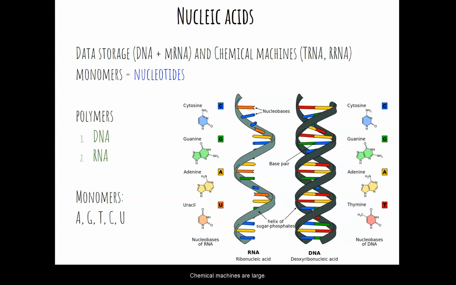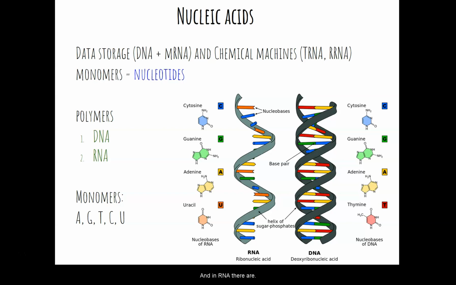The chemical machines are large strands of nucleic acids that have functions for the making of proteins. We've got tRNA, which is transfer RNA, rRNA, which is ribosomal RNA. But in all of these cases, the monomers for nucleic acids are called nucleotides, and the monomers can include adenine, guanine, thymine, cytosine, and uracil.